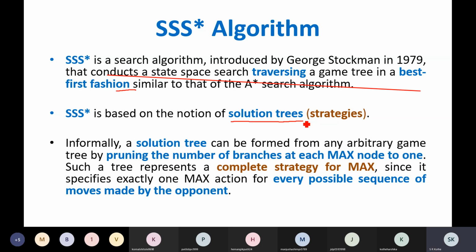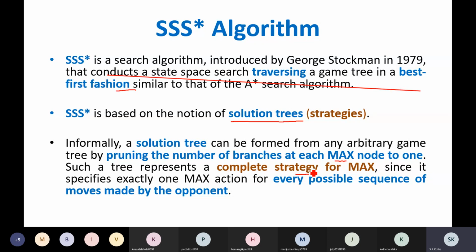So what we are going to do here is form a solution tree or strategy from the game tree by pruning the number of branches at a max node to 1. So at a max node you are going to select one branch, and the resultant tree will represent a complete strategy for max.